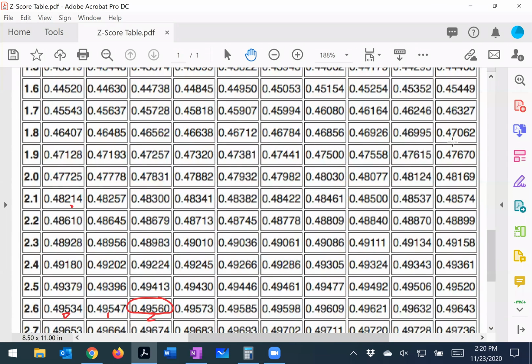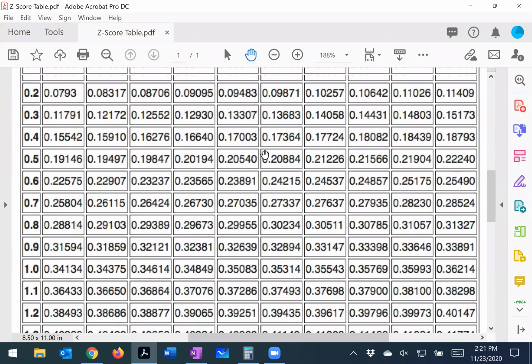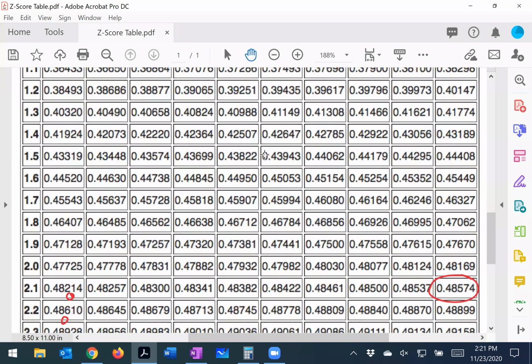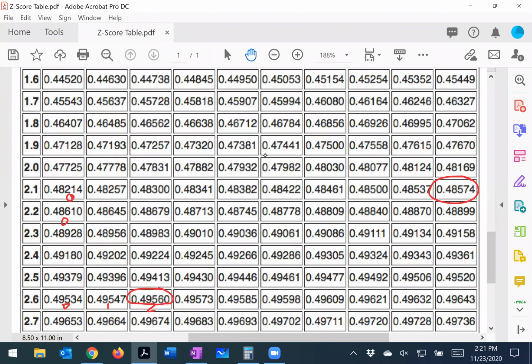If I went to a 0 again, I would be on 2.20. Remember, these are the zeros. If you go to the very top, it should show a 9. So for 2.19, the value I'm looking at is 0.4857.